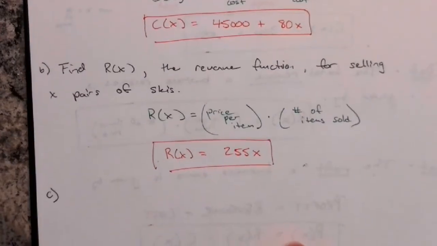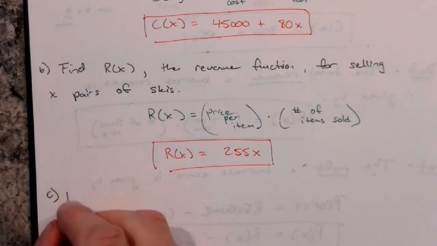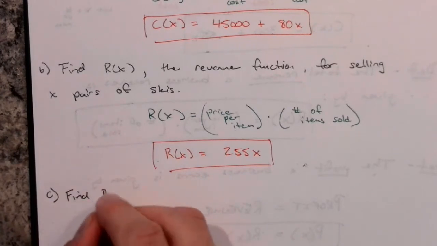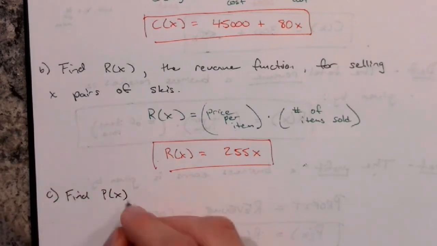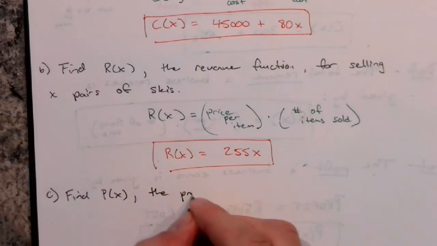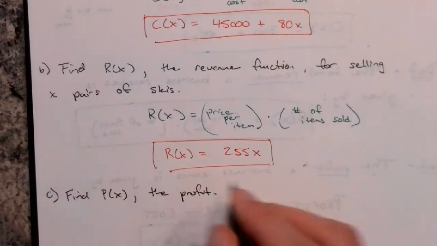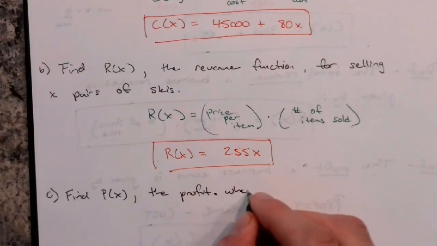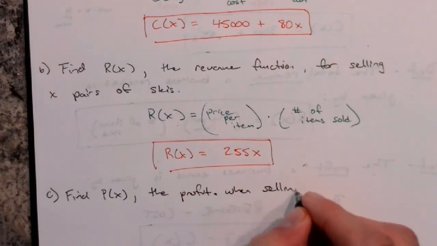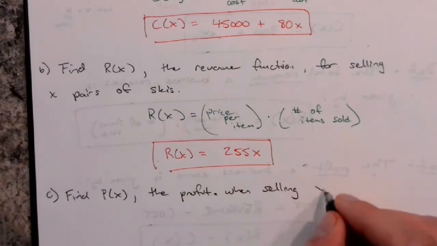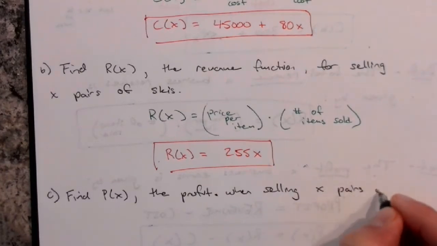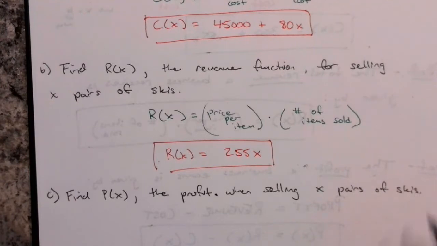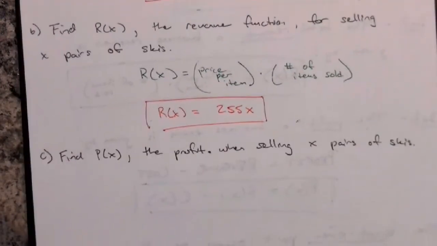Next thing we'll talk about, probably can guess it, is we're going to ask you to find P of X, the profit when selling X pairs of skis.